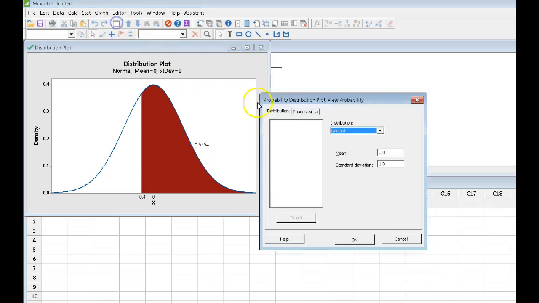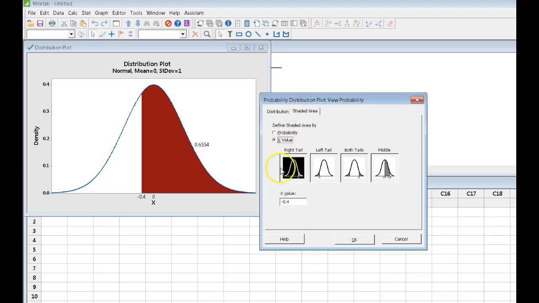Or the other thing I could have done here, rather than even bother with the z-score, I could tell Minitab what distribution I'm dealing with. Yes, it's a normal. It's got a mean of 6.2 and a standard deviation of 0.5. I go to shaded area. I want it to know what's the probability or what's the area to the right of an x value of 6.0.